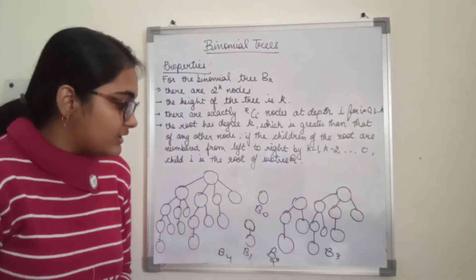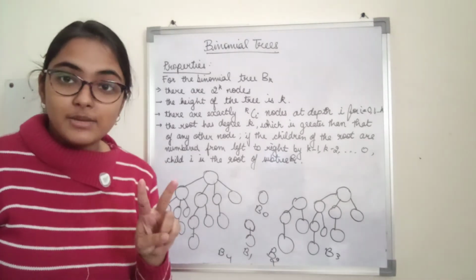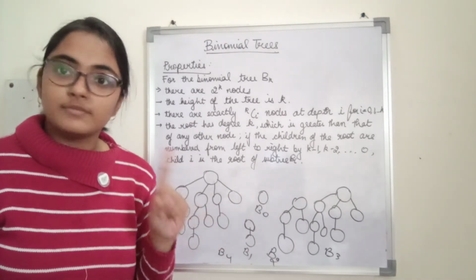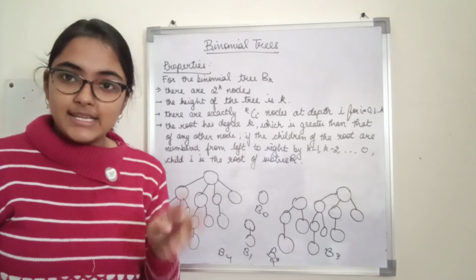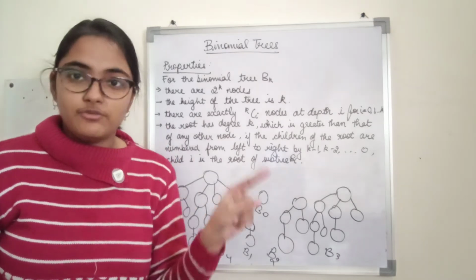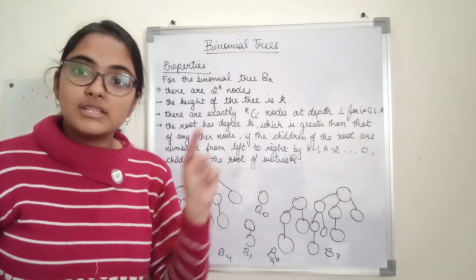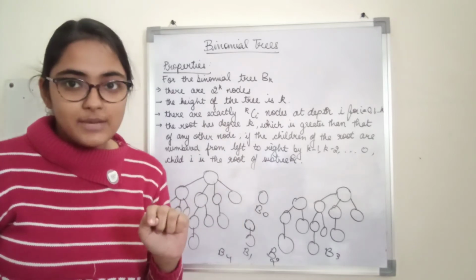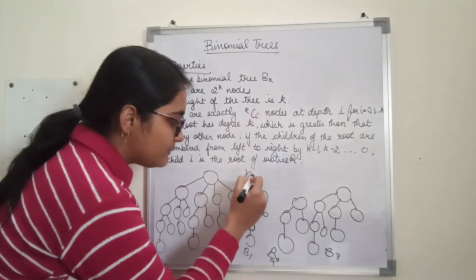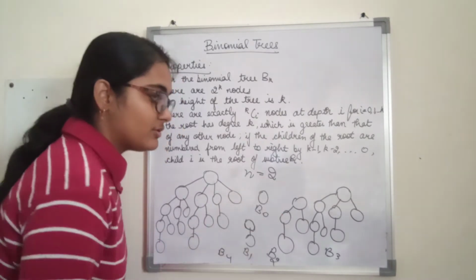So the number of nodes in Bk will be twice the number of nodes in Bk minus 1. Yes or no? Because we are linking two binomial trees Bk minus 1 to form Bk.